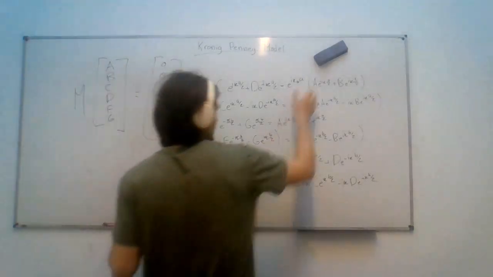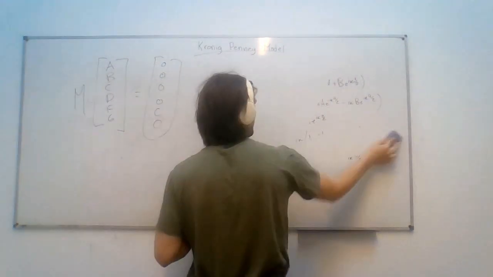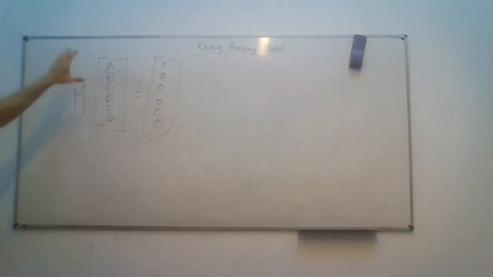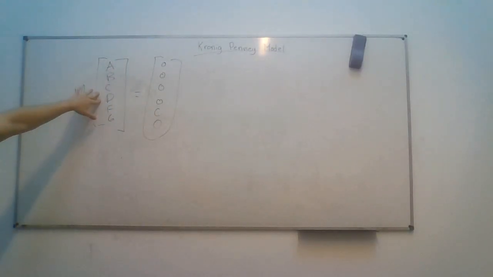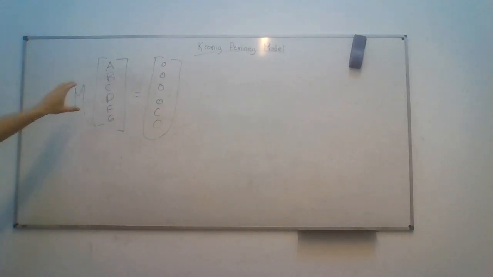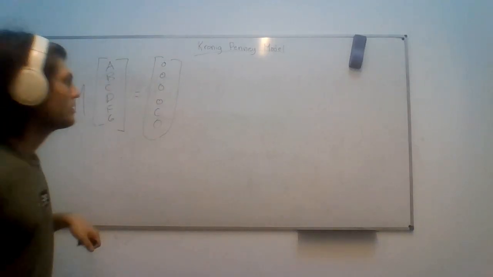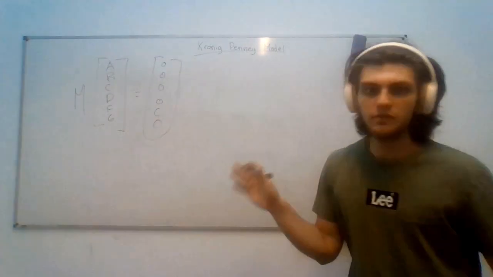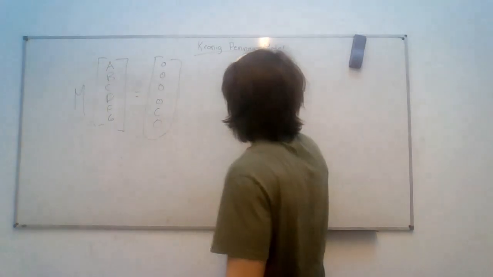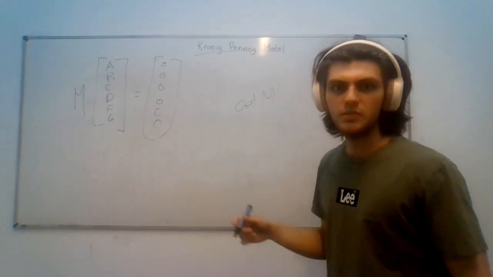All we have to do is say that if we want to show that all of these equations have solutions, with that whole matrix multiplied by the 6 column vector equaling the trivial solution, then the determinant of that matrix M has to be equal to 0.